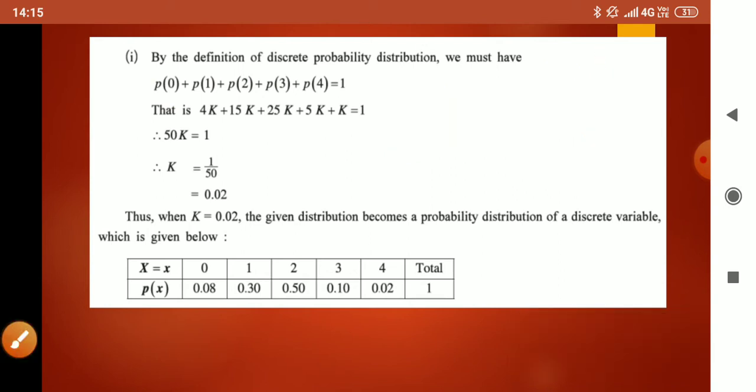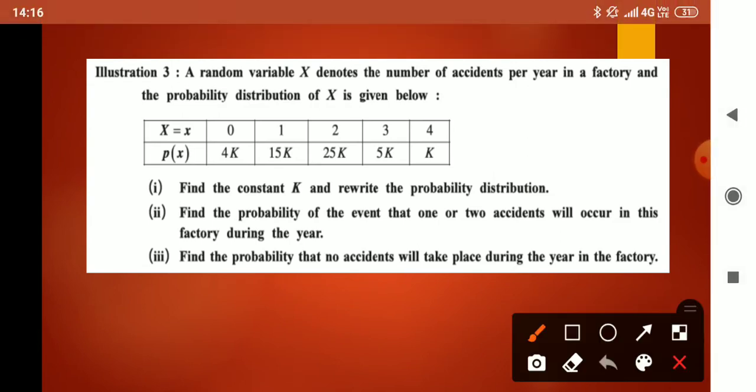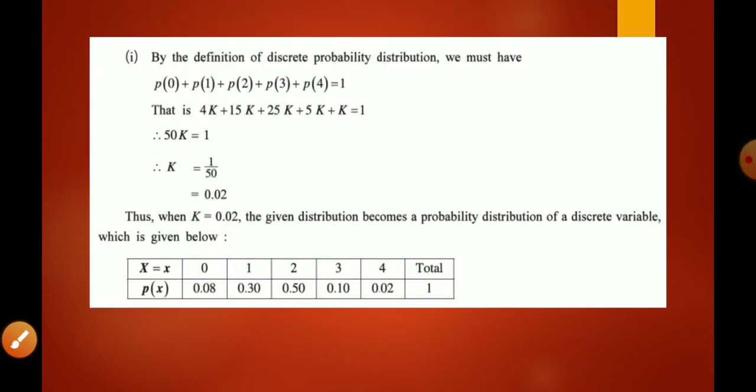Whatever the p's are, we have to take the total. Here x takes 0, 1, 2, 3 and 4, so we have taken p0, p1, p2, p3, p4. If we had p5 in this sum, then we would have to take p5 also, and p6 and so on. In this way we have done the total, which is equal to 1.